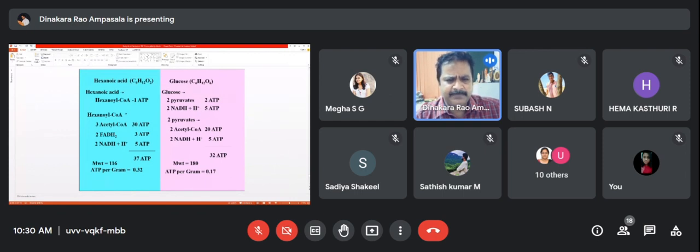Here, when one hexanoic acid degrades, you will get 37 ATP molecules. When one glucose molecule is oxidized, you will get 32 ATP molecules. So 5 ATP molecules less in carbohydrates. That's why carbohydrates are a less energy-yielding macromolecule when you compare with fatty macromolecules.